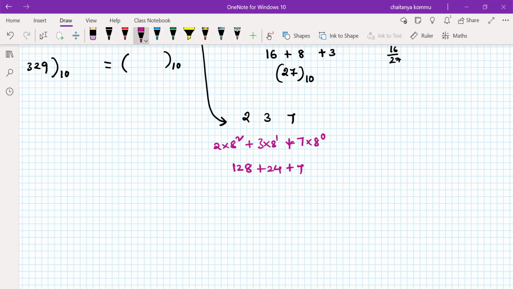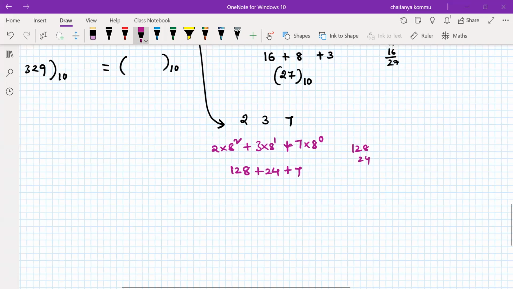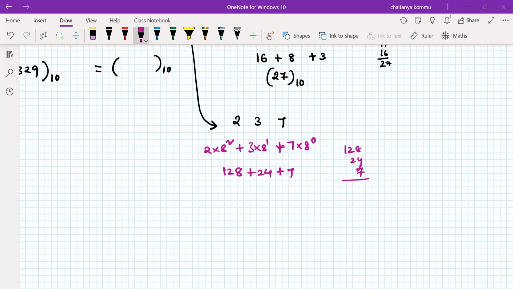Isn't that right? So if you add all these things, 128, 24, 7, this becomes 159. I hope it is correct, but if not, please try to do it.